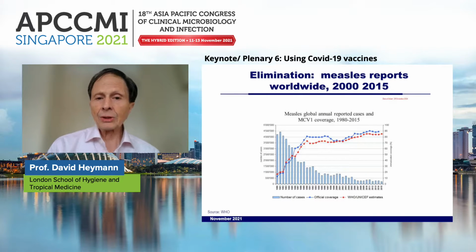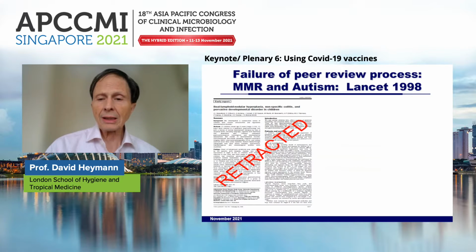And again, as you can see for this viral vaccine, WHO reported estimates of coverage in red, country reporting in blue, and then the decrease in disease that's occurred in this viral infection. And this, like bacterial infections, is a very useful means of using vaccines.